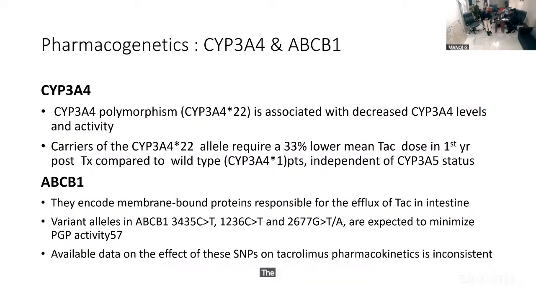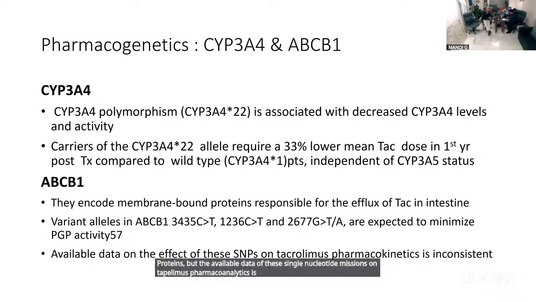ABCB1 codes for the P-glycoprotein, the efflux proteins, but the available data of these single nucleotide polymorphisms on tacrolimus pharmacokinetics is inconsistent, so I have not gone into this detail.